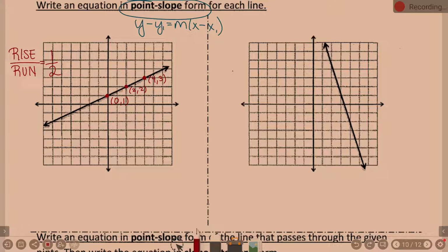Slope of 1/2. Where does slope go in that equation? That is going to go in place of the letter M. So if rise over run is 1/2, slope is 1/2. Now, let's see. Now this next one? Hold on. I haven't done this one yet.